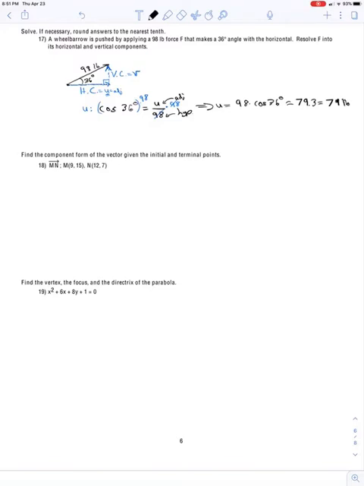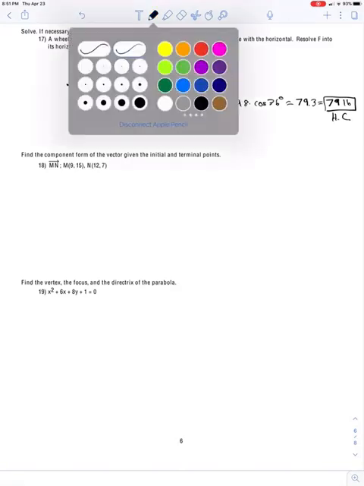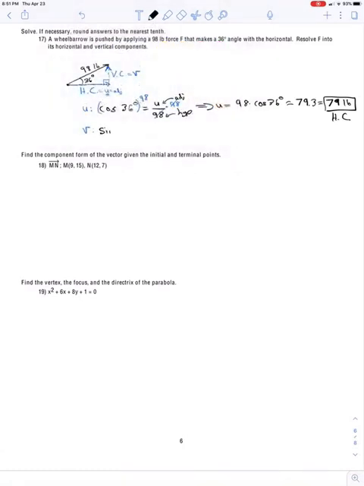So again, resolving it into components, we found the horizontal component. And now to find the vertical component, let's go back to our drawing. Let's find V. To find V, we can use the definition of sine. Sine involves the opposite side.